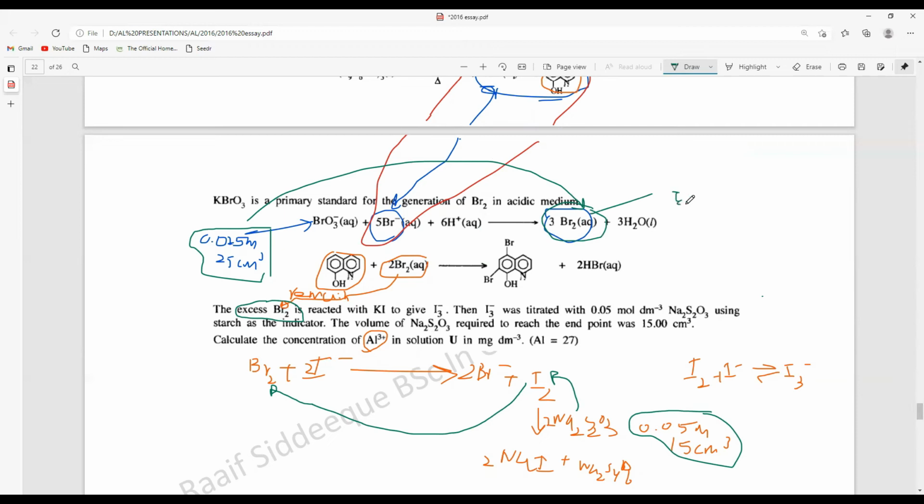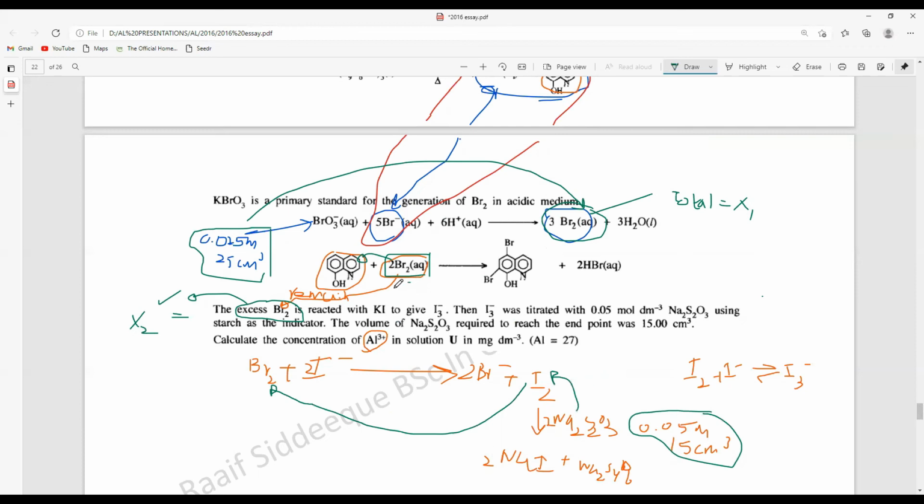So you know the amount of total Br2 that is formed from here. This is the total one, right? And through this procedure, you know the excess one. This is known, so you can calculate the amount of Br2 that reacted with the oxime. Let's say the total amount is x1, and the excess amount is x2.